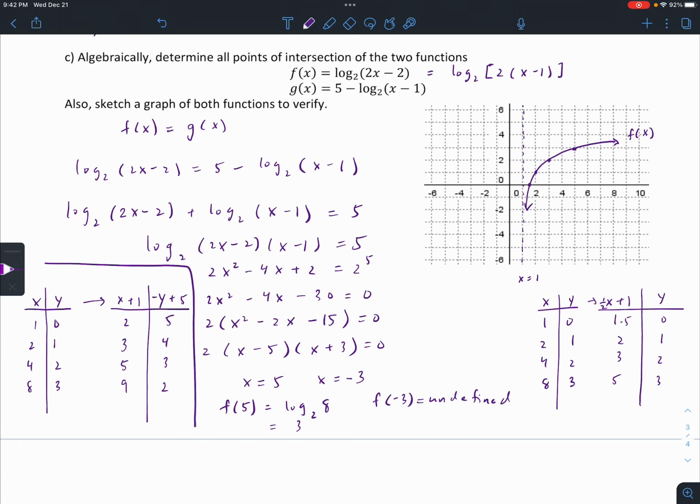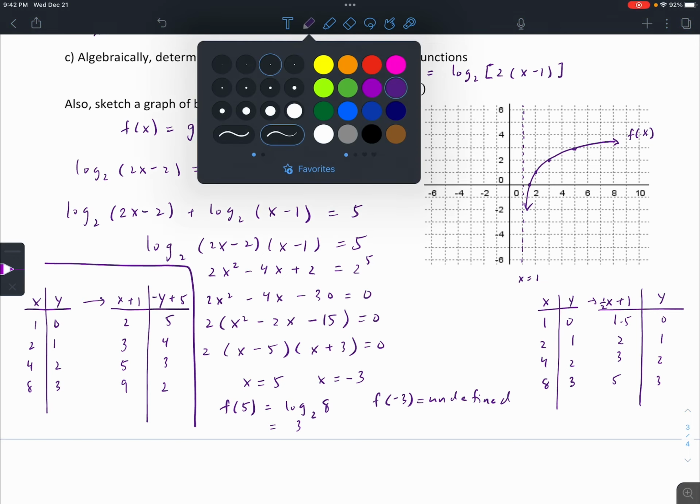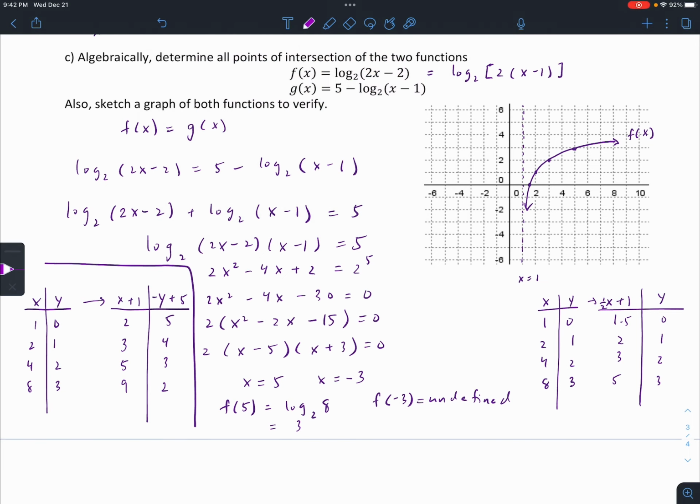Okay, so plotting that, let's use a different color for this one. 2 and 5 would be here. 3 and 4 would be here. 5 and 3, point of intersection, and then 9 and 2 would be here. All right, so interesting looking log function.